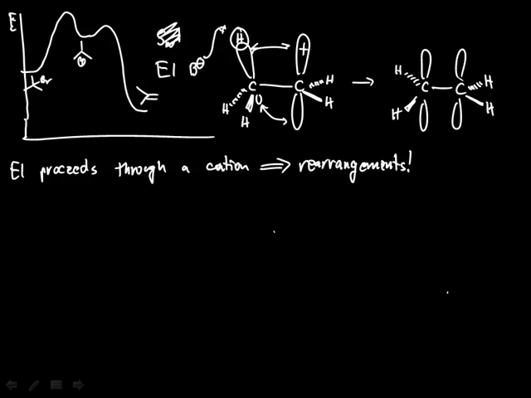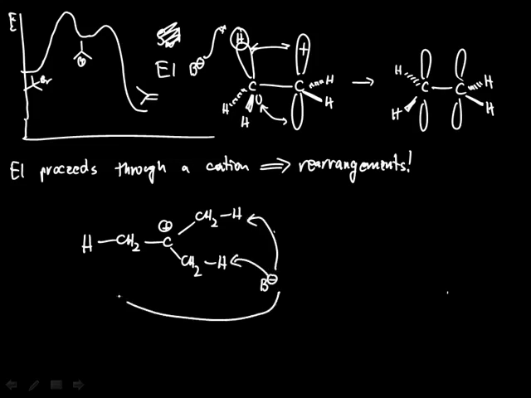The other consequence of the presence of this cationic intermediate, which is a little more subtle, is the fact that if we look at our t-butyl cation, t-butyl cation is a tertiary cation, so the base can in principle attack each one of these hydrogens with equal probability, presumably, and then each one of them could get eliminated and form an alkene.